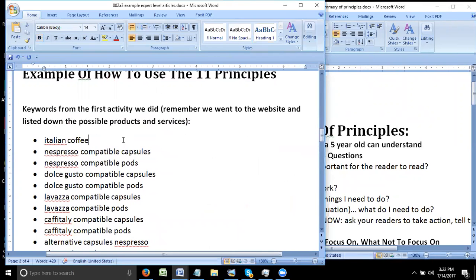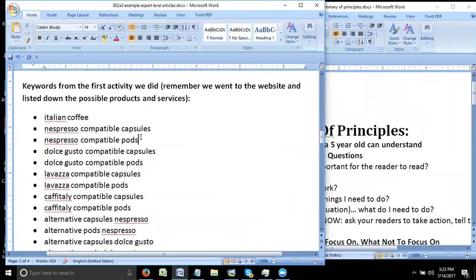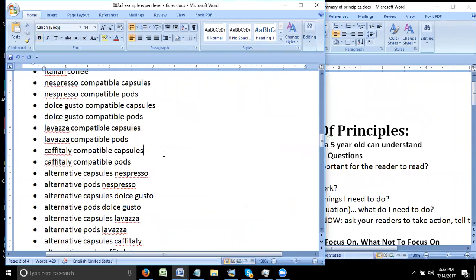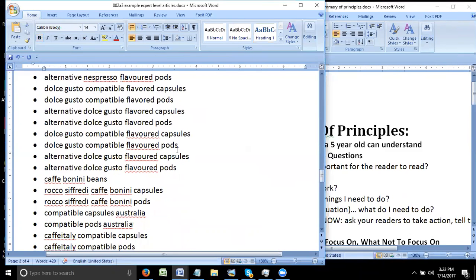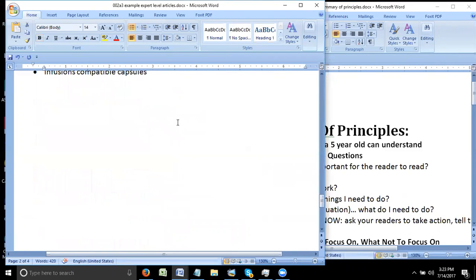So these are the keywords that we started with when we did the previous activity, where we went on the website and then we listed down all the possible variations, the products, the services on the website. So here are the keywords just to get started.